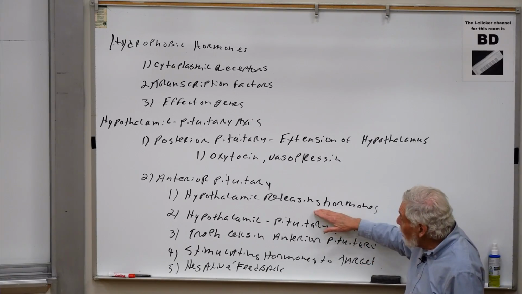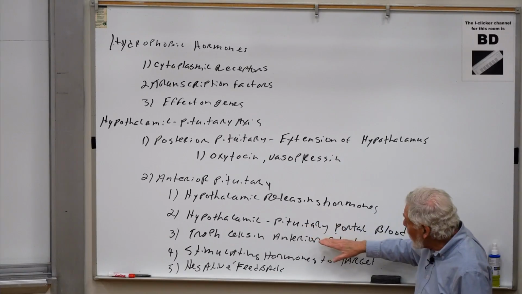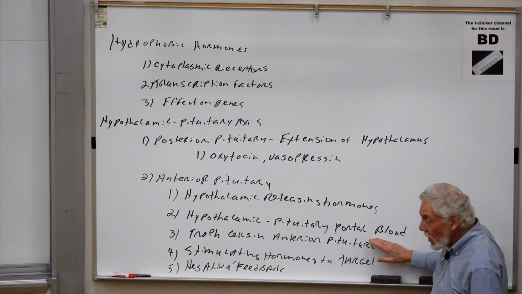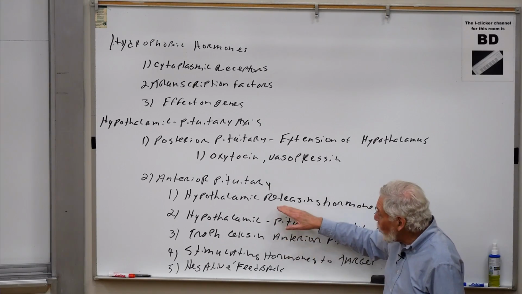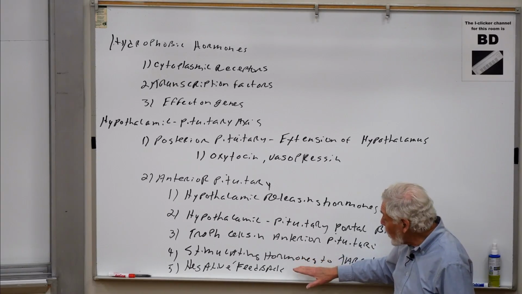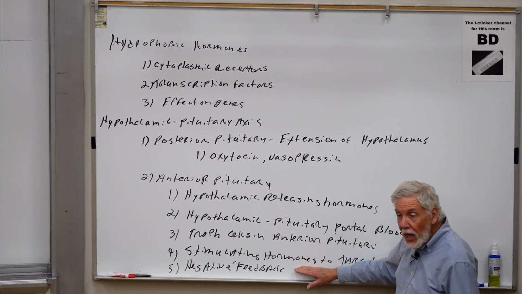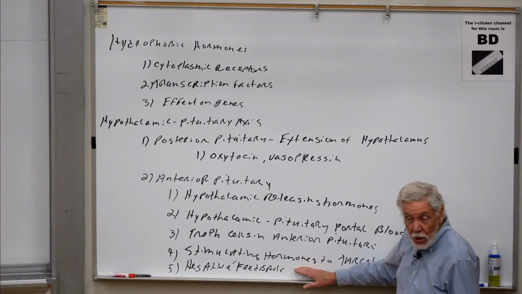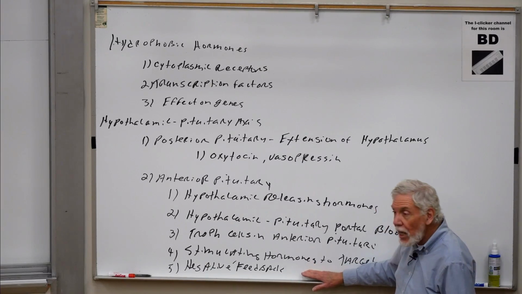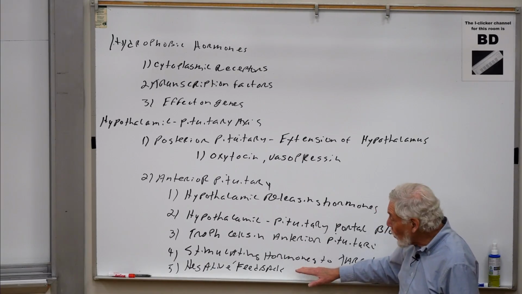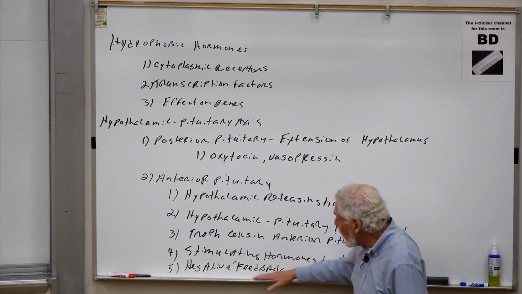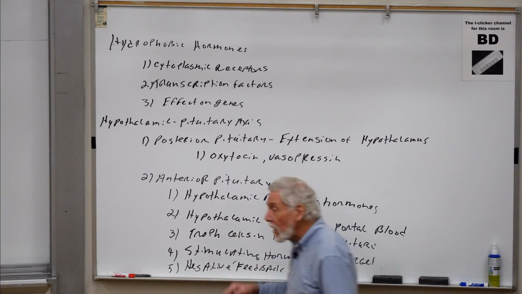The releasing hormones which come out of the hypothalamus will be carried then to the anterior pituitary in the portal blood. Then in the anterior pituitary, the releasing hormones bind to troph cells. Troph cells then release stimulating hormone. The stimulating hormone then activates the gland, such as the thyroid gland or the ovaries or the testes, and then those glands release their hormones. Those hormones then feed back onto both the hypothalamus and onto the anterior pituitary in something called negative feedback. We'll try to get through all of that.